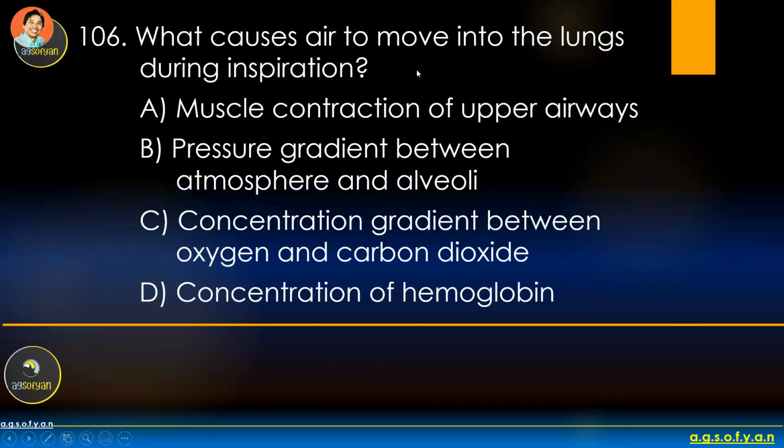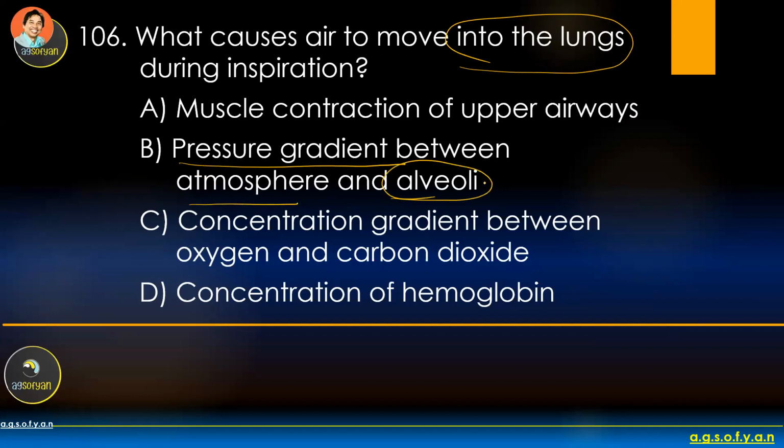What causes air to move into the lungs during inspiration? Remember the law, which is from higher pressure to lower pressure. So this is going to be the pressure gradient between the atmosphere and the lung, in the alveoli.